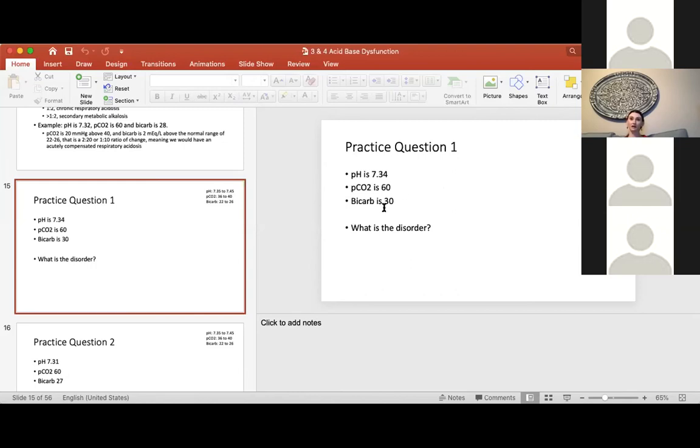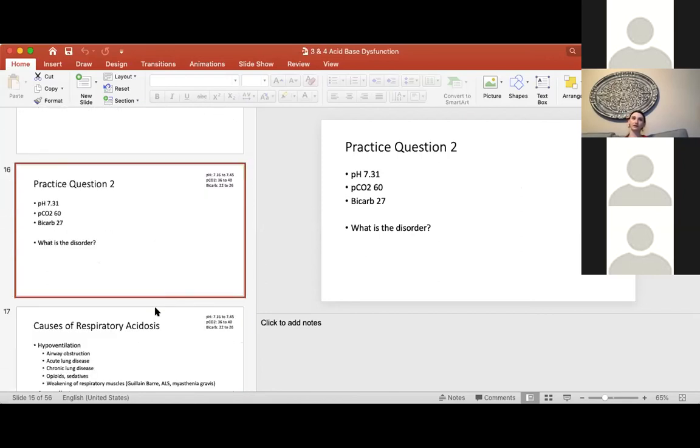Our bicarb is 30, which is above the 22 to 26. So yes, our primary diagnosis is respiratory acidosis, but there is going to be compensation because our bicarb is out of our normal range. We've got high bicarb, so that's also creating a metabolic alkalosis. So, correct. Good job.